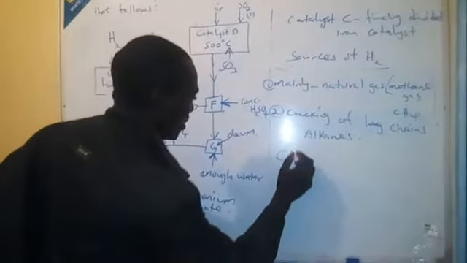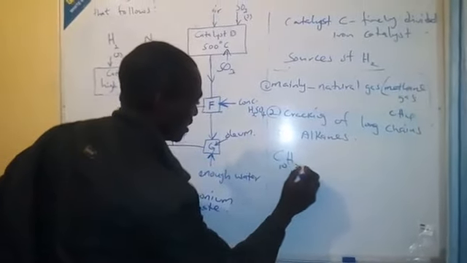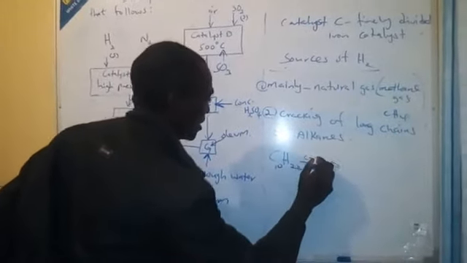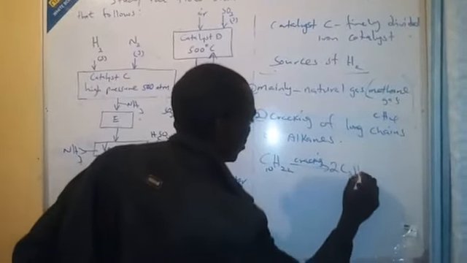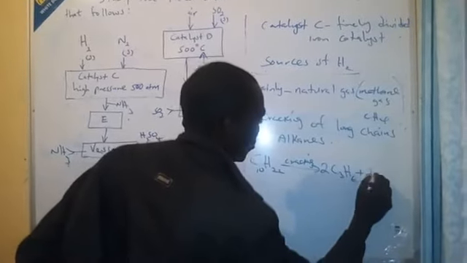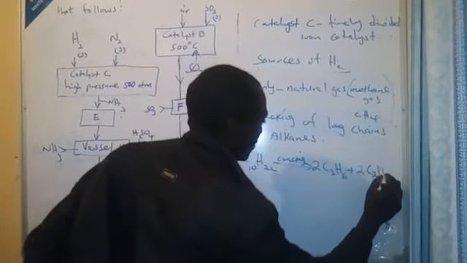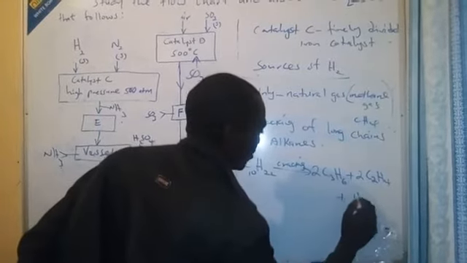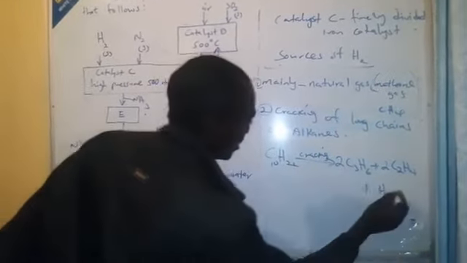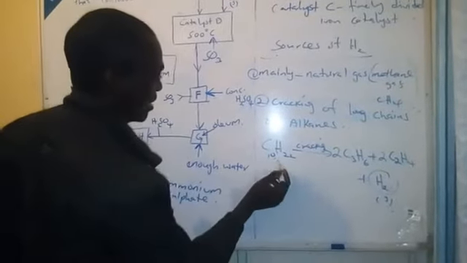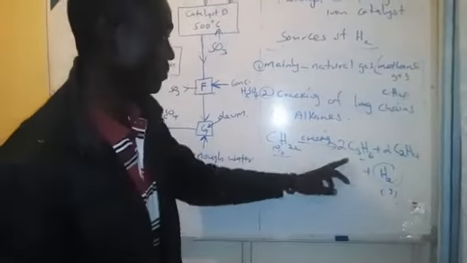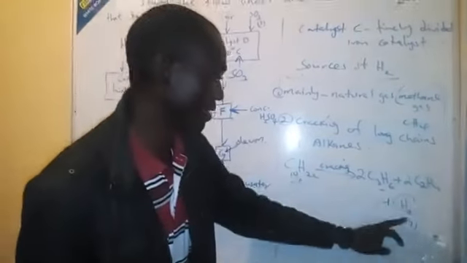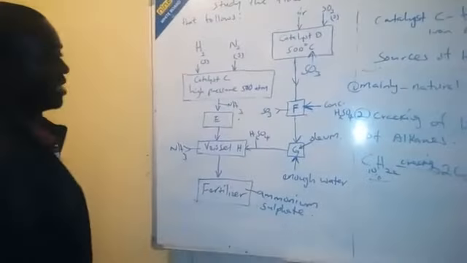If we have a compound like decane, C10H22, when we crack it, we may end up forming 2 compounds of propene, 2 compounds of ethene, plus hydrogen gas. So this hydrogen comes from cracking. We have cracked this and ended up with propene, ethene, and finally hydrogen gas. So the other source for hydrogen gas is cracking of long chains of alkanes.